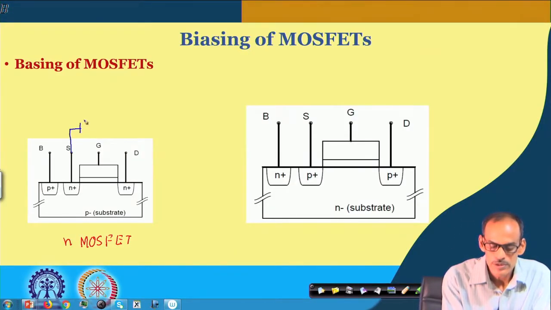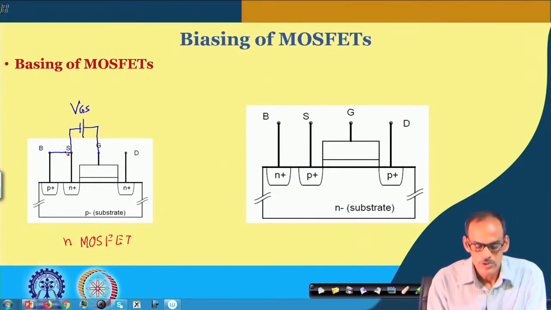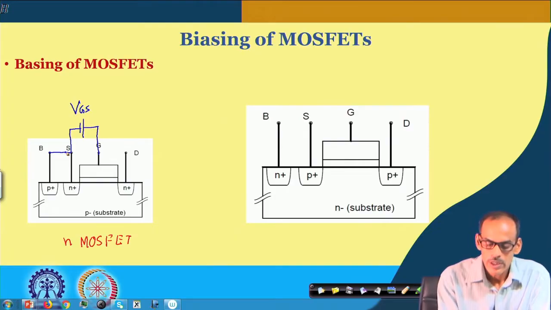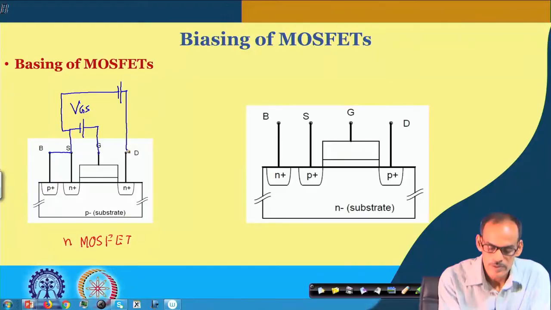For proper operation, the gate is at higher potential by VGS, and most of the time we prefer to keep the body and source connected together, and then at the drain we do have another potential source we call VDS.